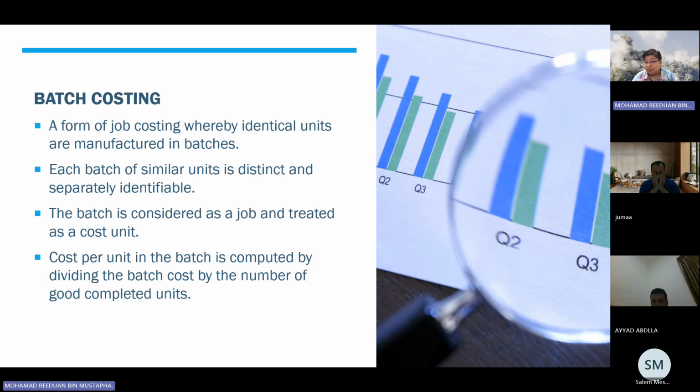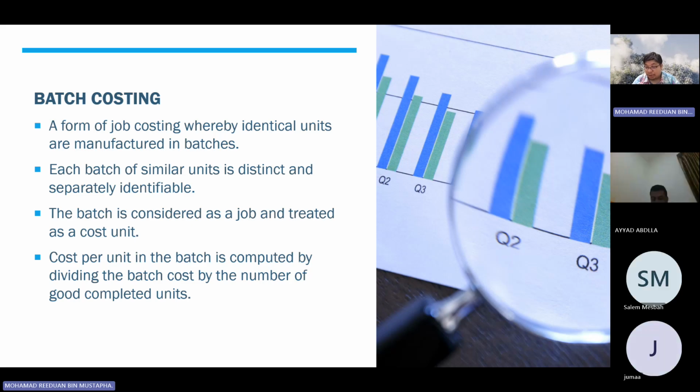Then it's good for you to know the cost of very small numbers per unit. So it depends on management. That's why we learn about managerial accounting. We are not learning financial accounting based on statutory requirements. We need to prepare financial statements based on statutory requirements, but now we prepare the statement based on you as a manager.